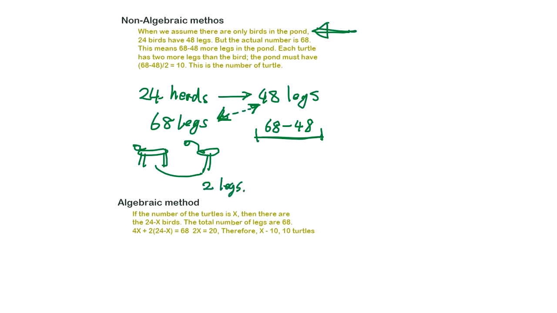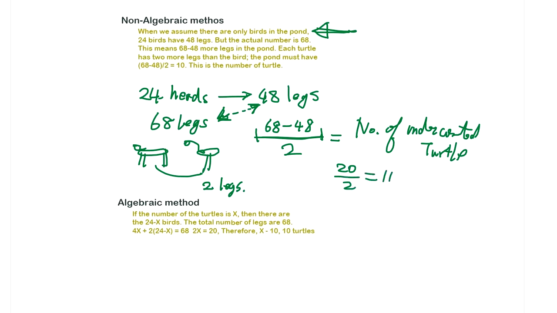So you divide this by 2, and that gives you the number of undercounted turtles. So the answer is 68 minus 48 is 20, over 2, 10. You must have 10 turtles in order to have 68 legs. You get that?